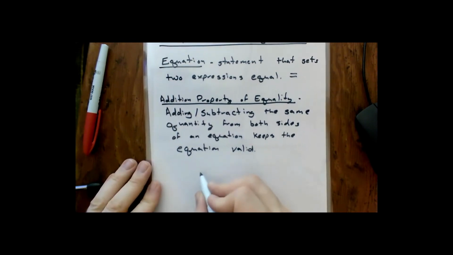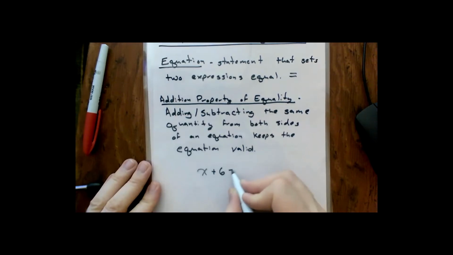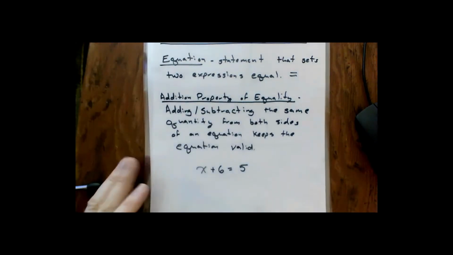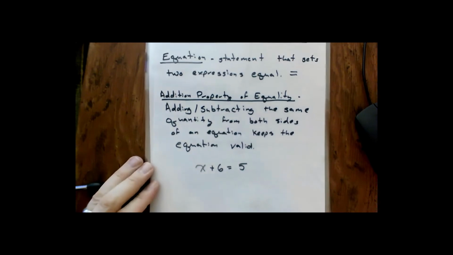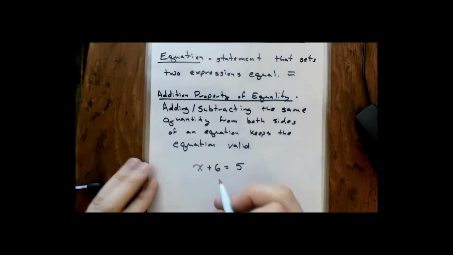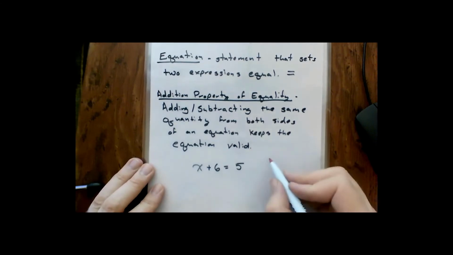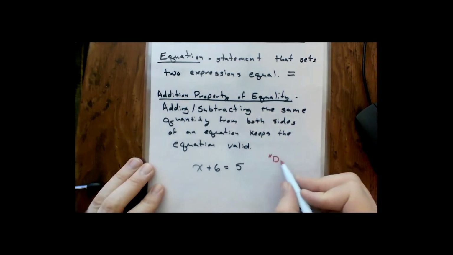Let's start with the example x plus 6 is equal to 5. What we're going to do is subtract the same quantity from both sides. Whatever you're doing to your variable, you're going to do the opposite.